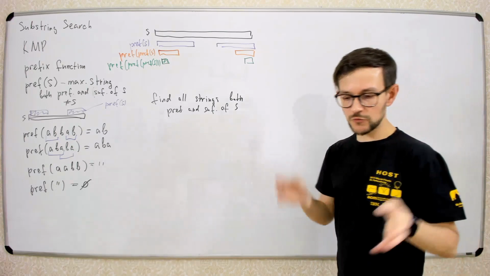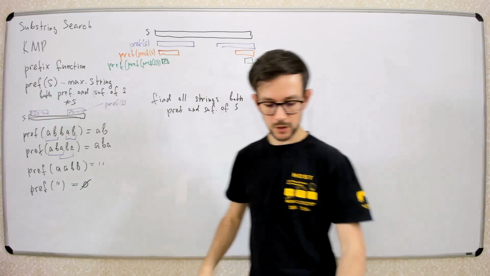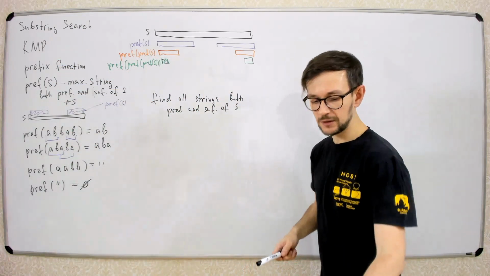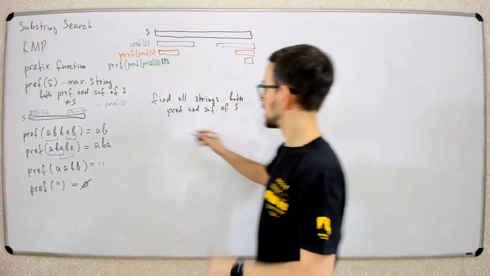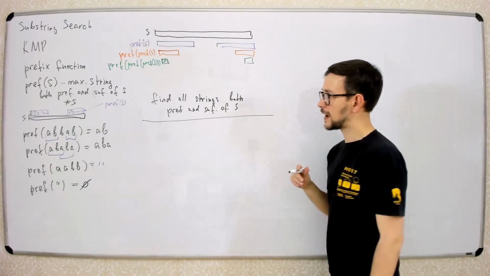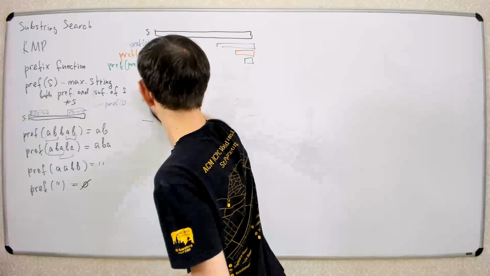Cool. Now let's move to the algorithm. So what is the Knuth-Morris-Pratt algorithm? It is basically building the prefix function for all prefixes of string s. Given the string s, we will calculate the following array.